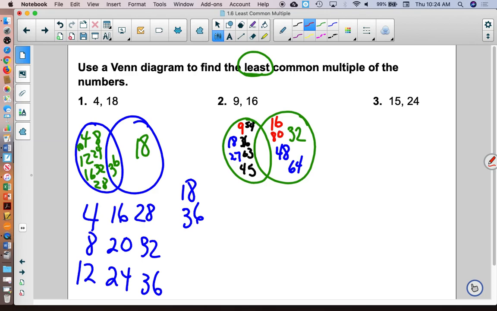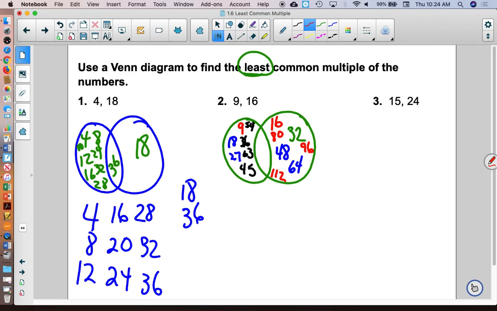So that means you have to keep on going on the 9s. 96, 100... 112. Yep, 112. Well, we haven't found it yet, have we?